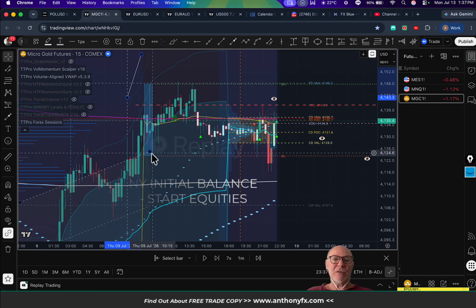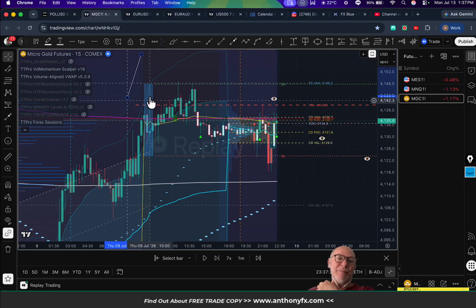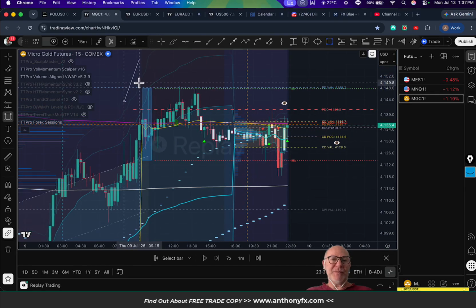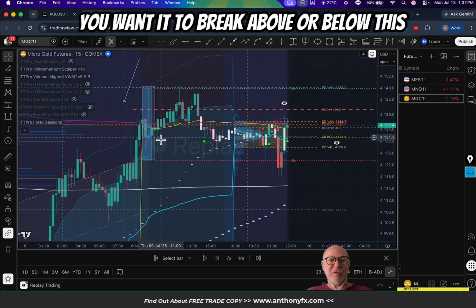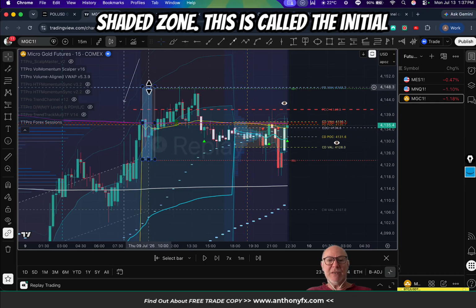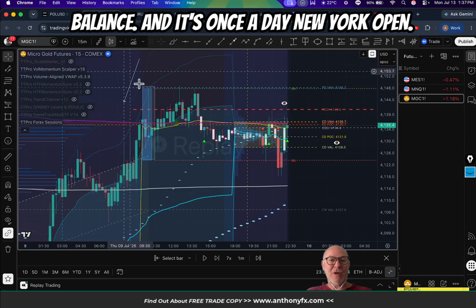Now, with gold, some will argue 8:30 to 9:30, but I prefer to have it on through the 9:30 to 10:30 to pick up the volatility when the equities kick off, because that impacts everything. So that's how I've got it set up. Keep it simple. There's a shaded zone, and you want it to break above or below this shaded zone. This is called the initial balance, and it's once a day.